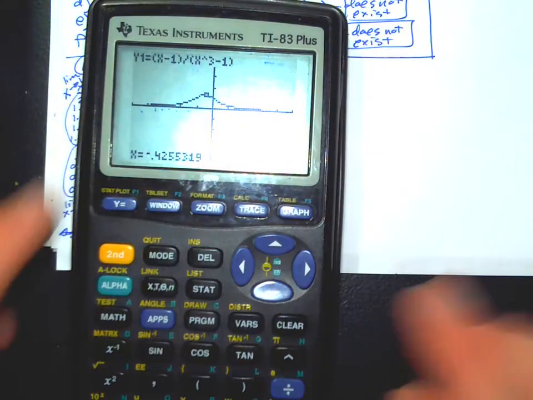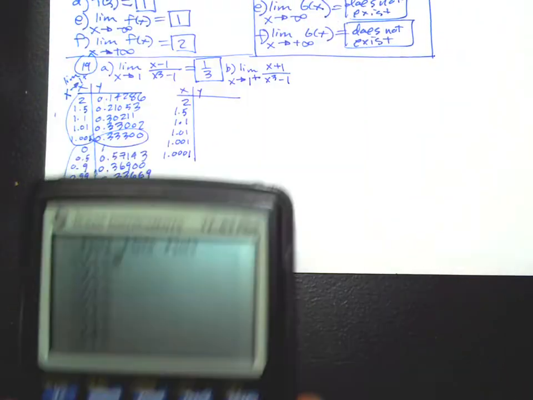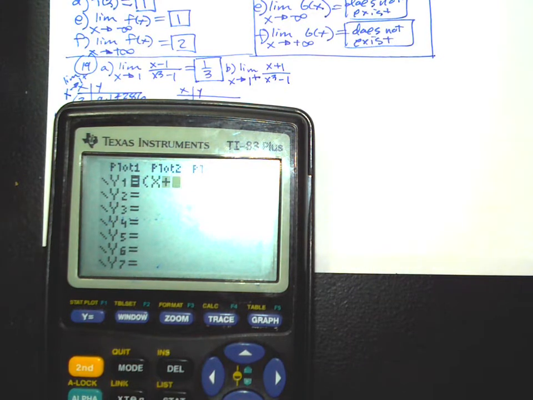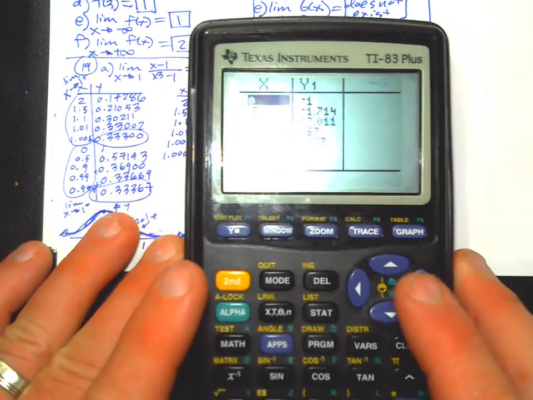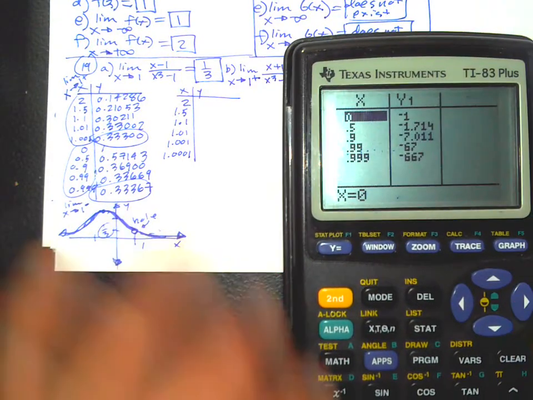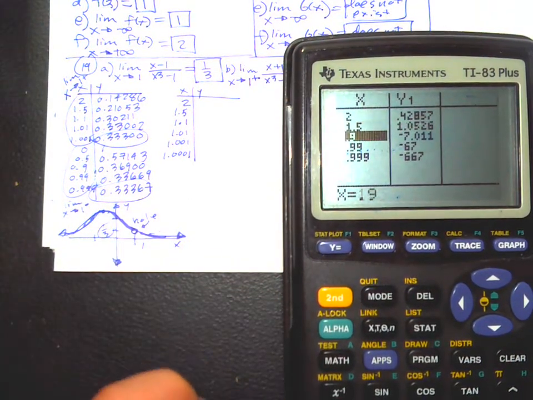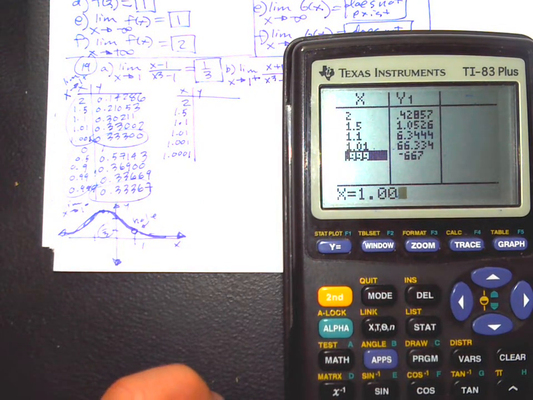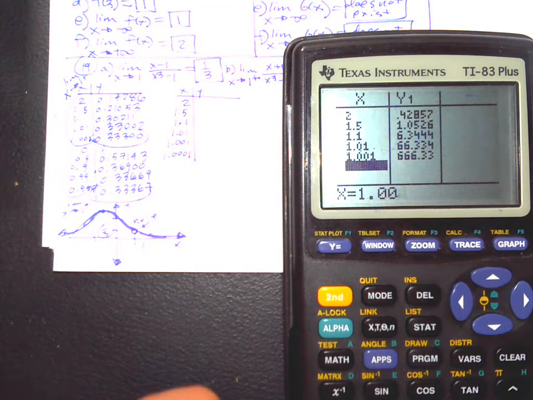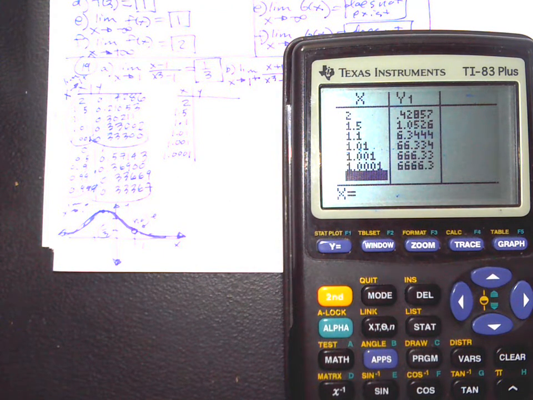So I'm going to go ahead and retype this equation in. x plus 1 divided by x to the third minus 1, table. I'm going to replace these values. 2, 1.5, 1.1, 1.01, 1.001, 1.0001. Those are really big numbers. I mean, looks like it's blowing up, right?